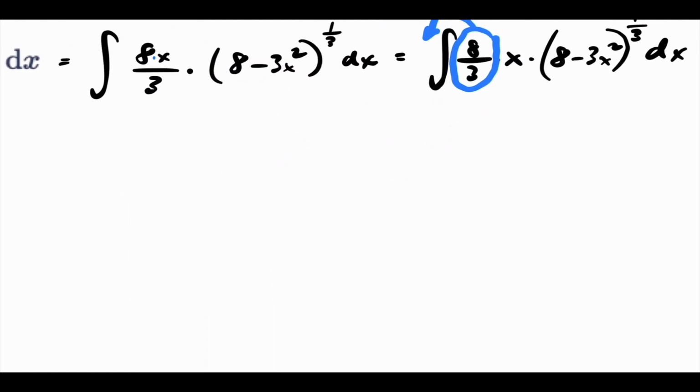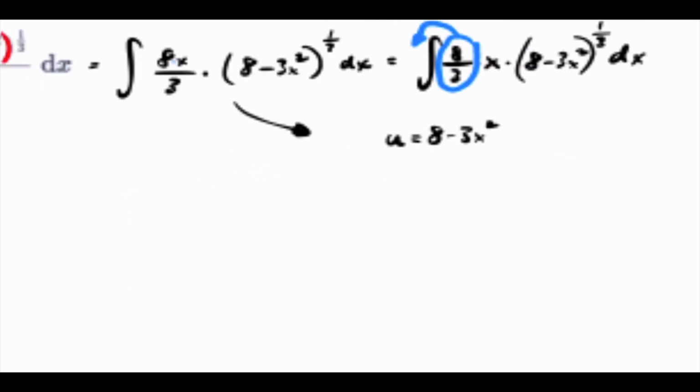Okay? So we'll go, let me see. So U equals 8 minus 3x squared. du equals negative 6x dx. Okay.